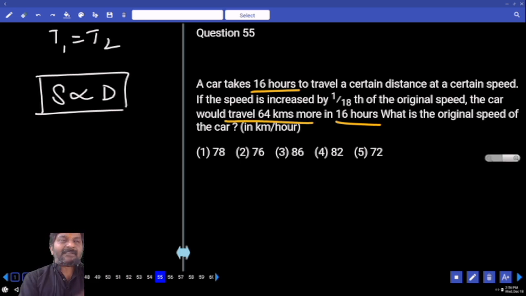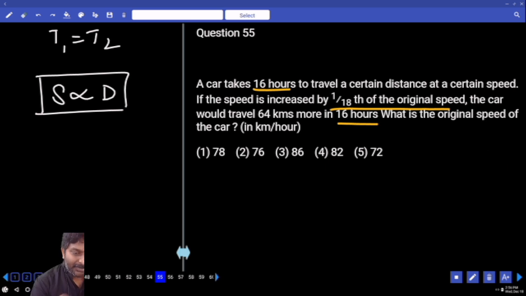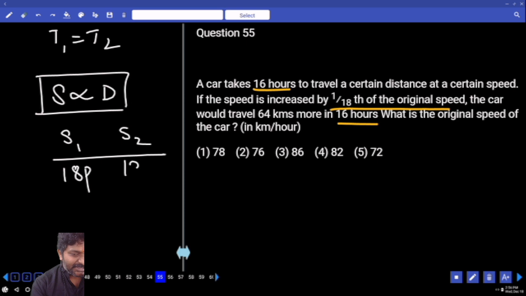The extra distance covered in the second case is 64, correct? Right. Now, when the time is the same, speed in the first case, speed in the second case. As the denominator is 18, I will start with 18 parts. 1/18th increased, which is 19 parts. Got it?